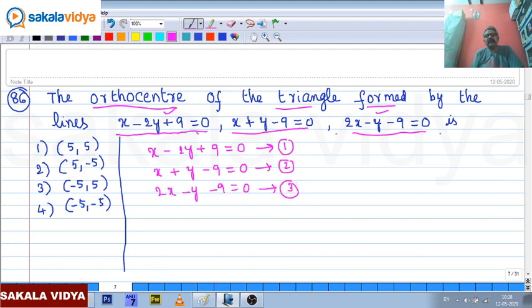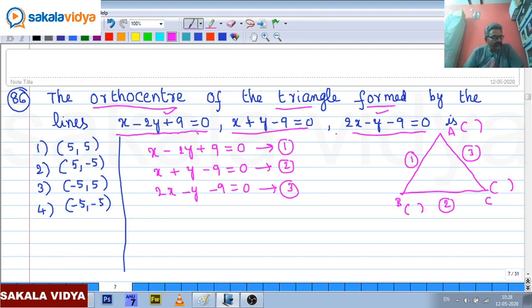So that means now the triangle, say A, B, C. This is equation 1, equation 2, equation 3. Now solving 1 and 3 you get A coordinates. Solving 1 and 2 you get B coordinates. Solving 2 and 3 you get C coordinates. Then you need to find out.